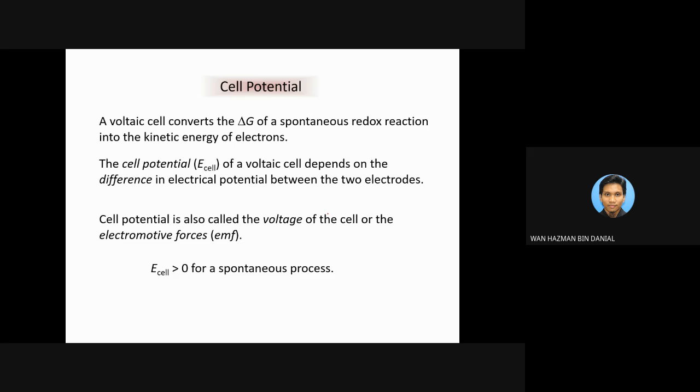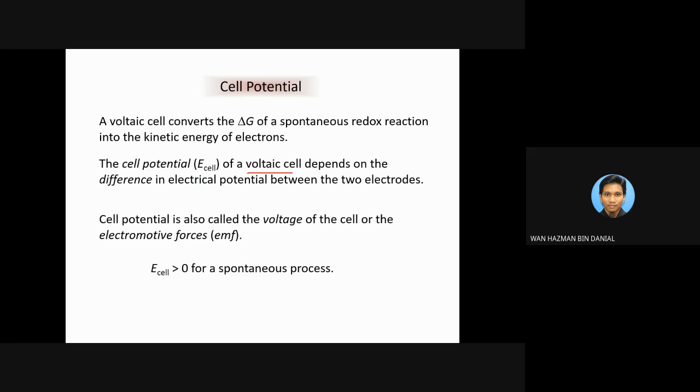Yang ni tadilah kan explain tadi. So the cell potential of a voltage cell depends on the difference in electrical potential. Okay, so bila ada electrical potential difference between the two electrodes, so baru dia akan ada cell potential. Okay, nanti kita tengok dalam table nanti. I think much easier to look at the table nanti.